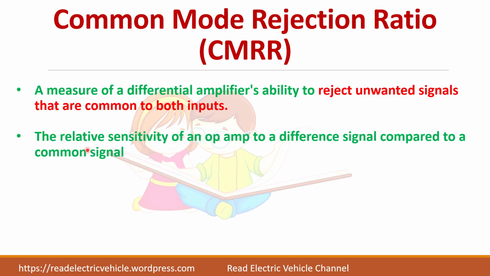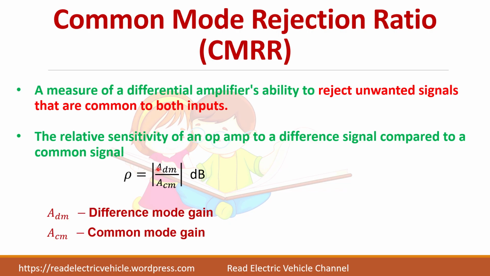Or I can say it is a relative sensitivity of an op amp to a different signal compared to a common mode signal. So this is different signal, this is common mode signal, and it is usually measured in decibel because it is related to noise. So it is measured in decibel.